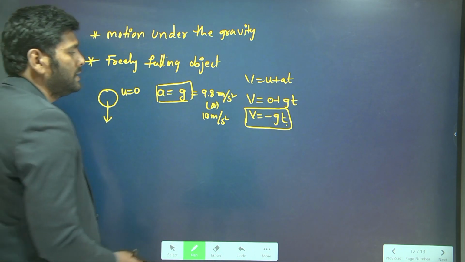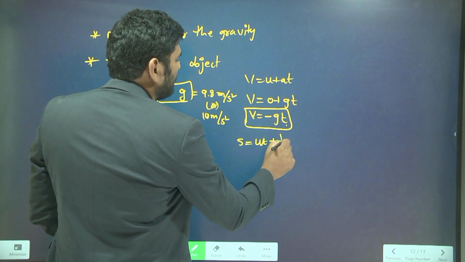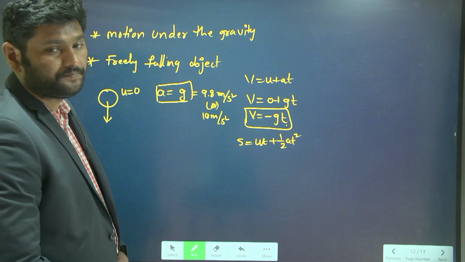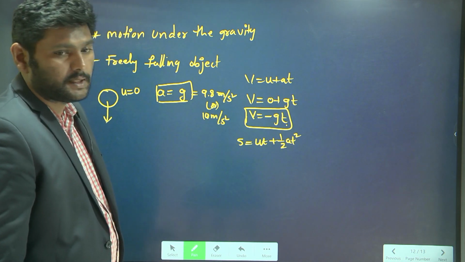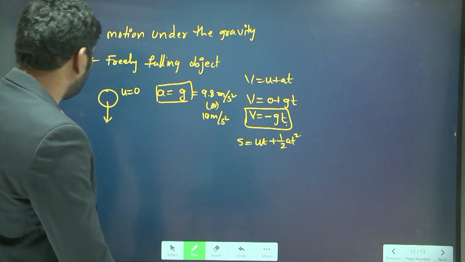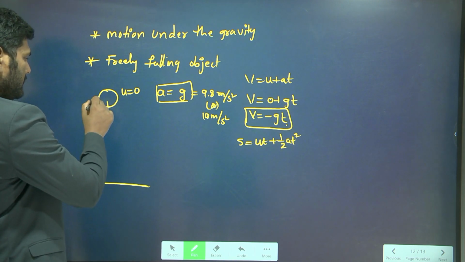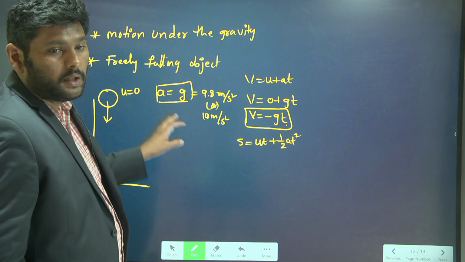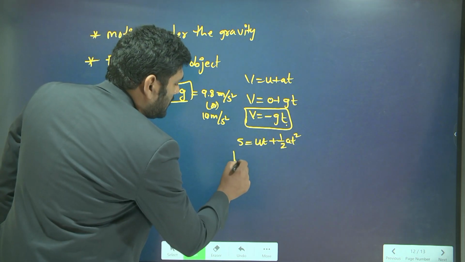In a similar way, let's see the second equation, that is s is equal to ut plus half at square. How does this s value change for a freely falling body situation? This s is nothing but displacement or distance, but here you will consider this distance, from the ground, as height. So s becomes h.